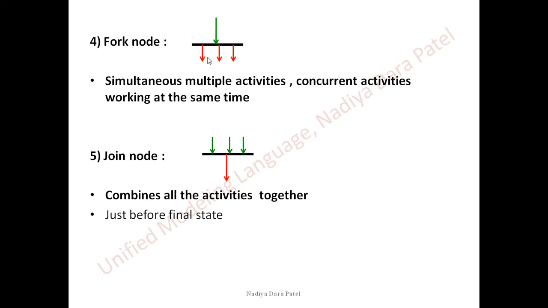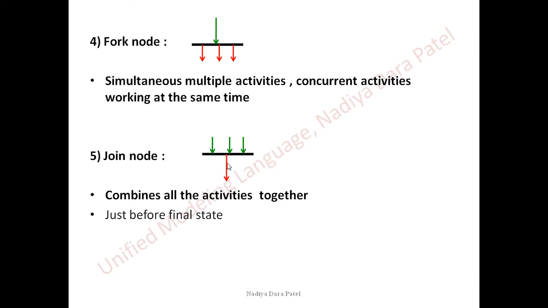If you find such simultaneous activities in your system, there can be n number of activities. Find them, add a fork node, add the activity occurring before it, write down all the activities which are taking place at the same time, immediately join them, join all the divided activities together, and then pass it on to the next activity.